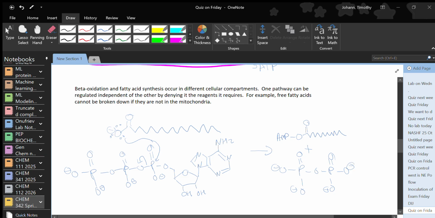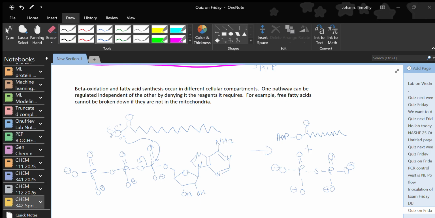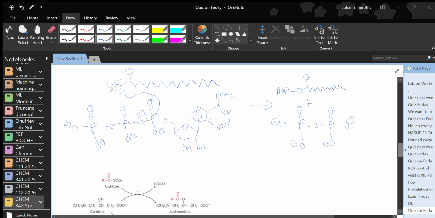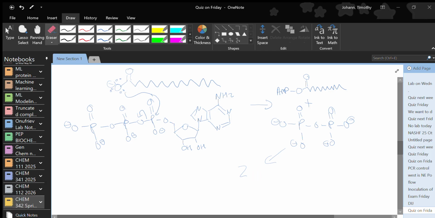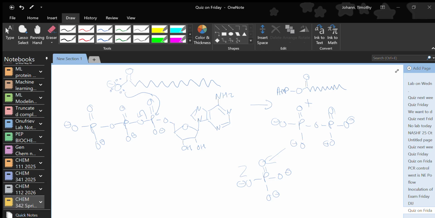All right, so I've got a pyrophosphate. What happens with that pyrophosphate? It breaks into two phosphates immediately, right? I'll draw them out. There'll be a hydrogen on somewhere there because that's too much negative charge for whatever pH we're at. We get two of these. What's the purpose of this part?